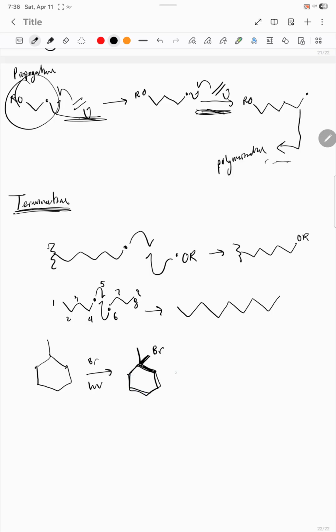And what can we do from there? We learned about elimination, right? We can use elimination using sodium amide, NaNH2, to basically form something like this. Not too sure if this is the right one.